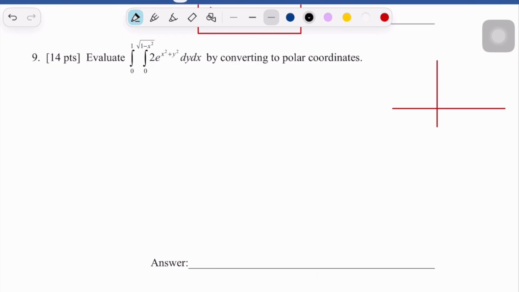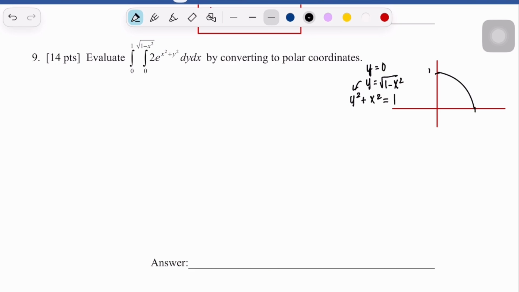Okay, y goes from 0 to square root of 1 minus x squared, and this is pretty much the equation x squared plus y squared equals 1, which is just a unit circle. So our y goes from 0 to this unit circle right here.